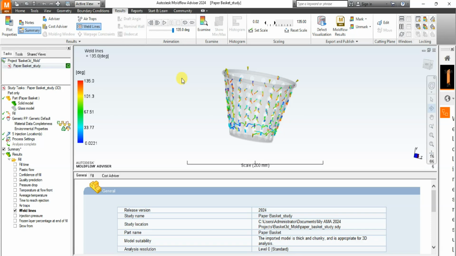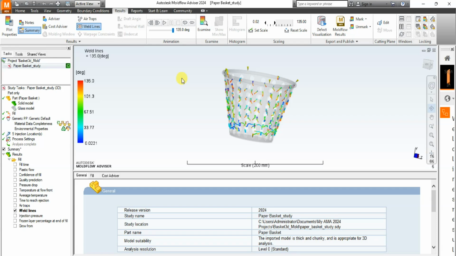You should also take note that the presence of weld lines may indicate structural weakness and also a surface blemish.